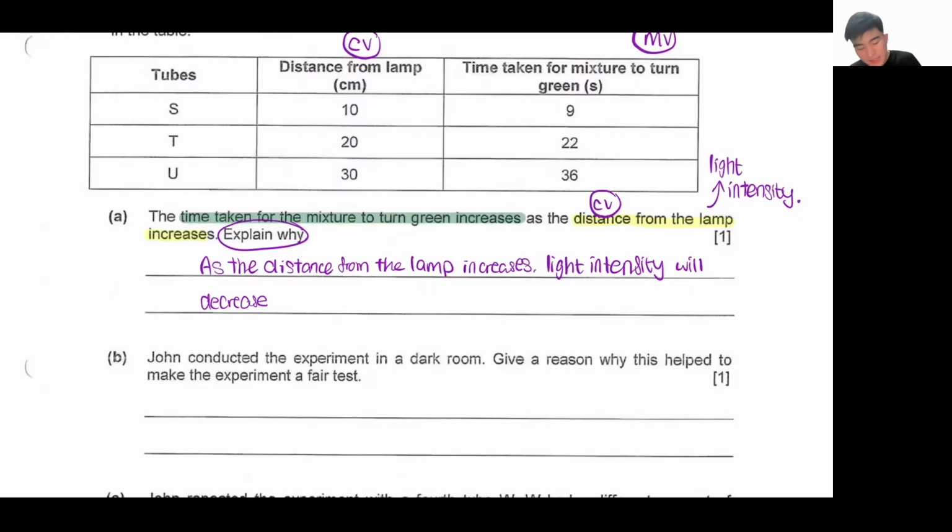You have not answered why the mixture turns green, which is because photosynthesis occurs. So when light intensity decreases, the rate of photosynthesis also decreases. I've brought you through how to answer part A, which is a very typical question relating the distance of a lamp to the sample and how that impacts the light intensity.